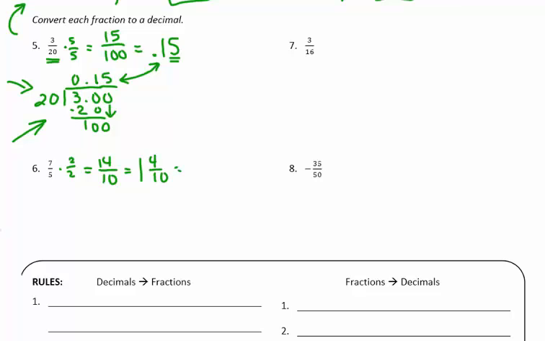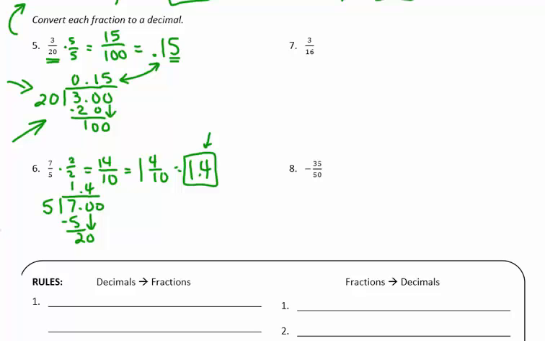And I can write that as 1.4. 1 4/10, the 4 is in the tenths place. Again, I could divide this 5 into 7. Once, subtract, bring down the 0, and I get 1.4. So notice it's the same answer, just a little different work.